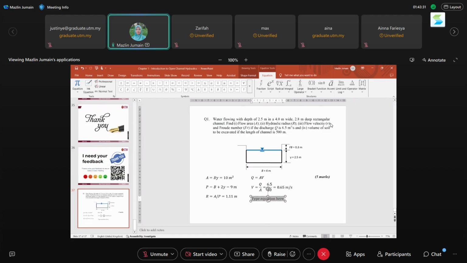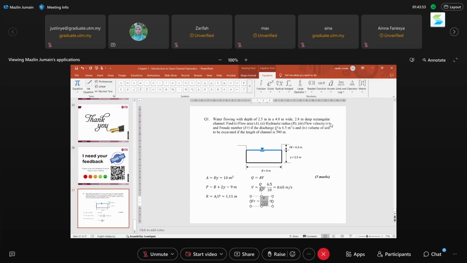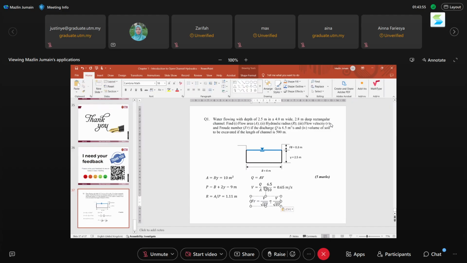So we have Fr equal to V divided by square root of gY. Okay. And you just put the value of V equal to 0.65.